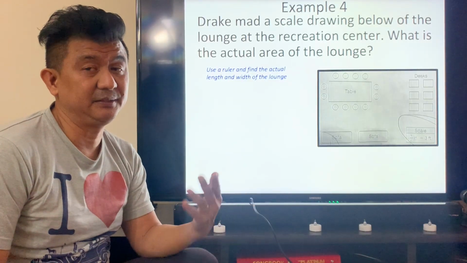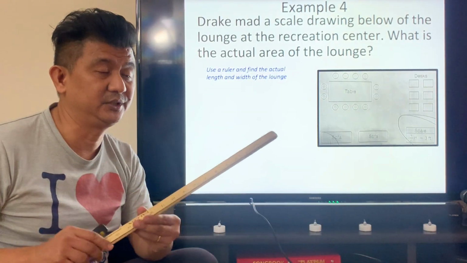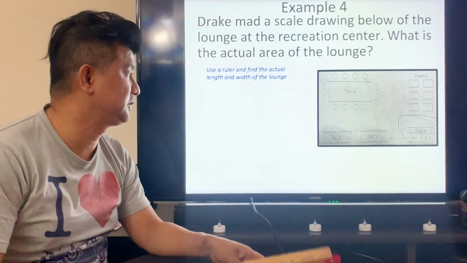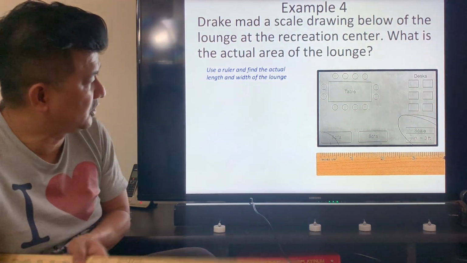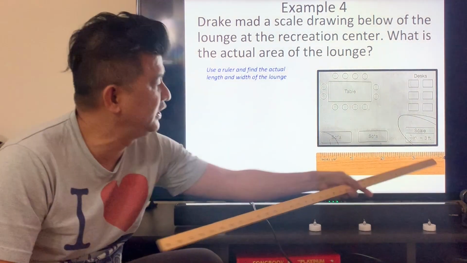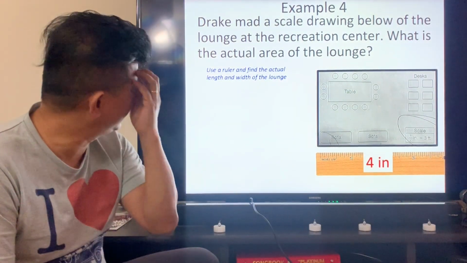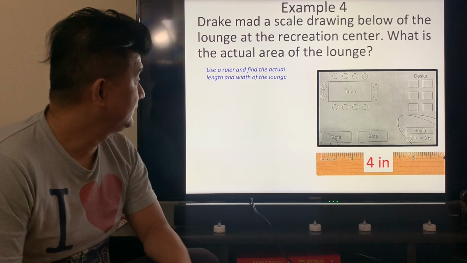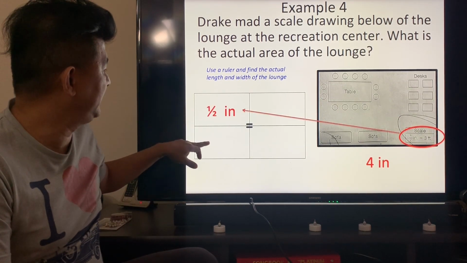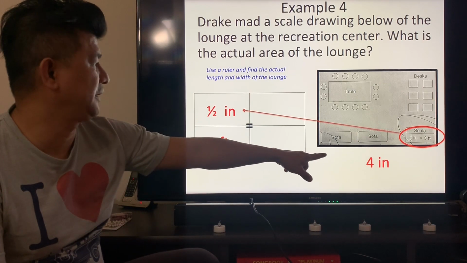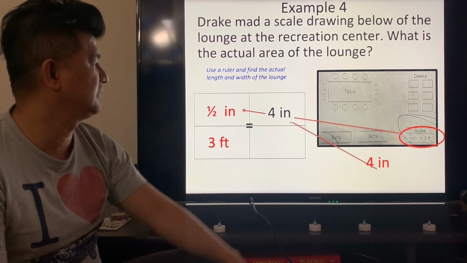Assuming that this is on paper, you have to get your ruler and really measure the dimensions. So in this case, I took my ruler, I put it there, and I saw that the length is 4 inches. So I write 4 inches. Next, I put in my scale, 1/2 over 3. And then where do I put my 4 inches? Over there, correct?